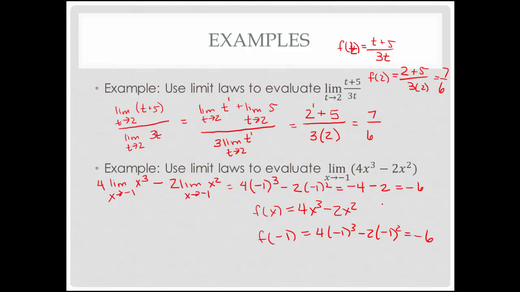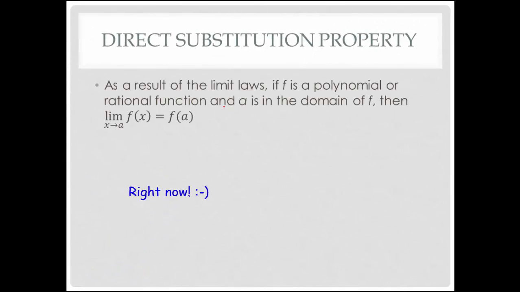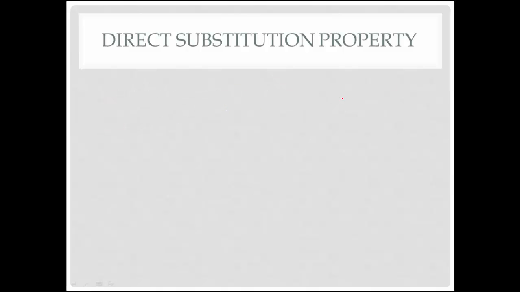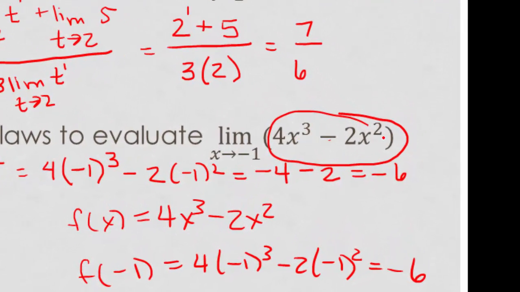So in some cases, this does not always work, but in some cases, instead of writing out every single limit law, you can just do what's called direct substitution. Now the direct substitution property is a result of these limit laws. As a result of the limit laws, if f is a polynomial or a rational function, so this only applies in those cases, which in case you don't remember, polynomials are functions in which all of your exponents are nice, pretty, positive whole numbers.